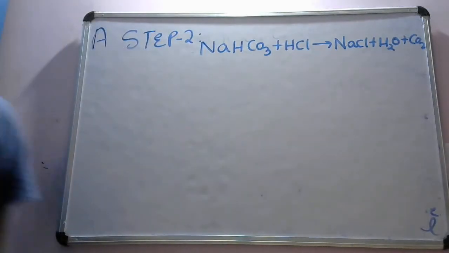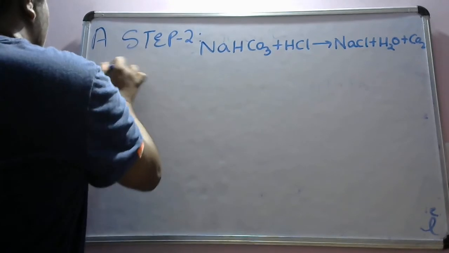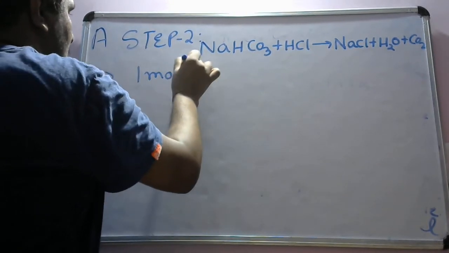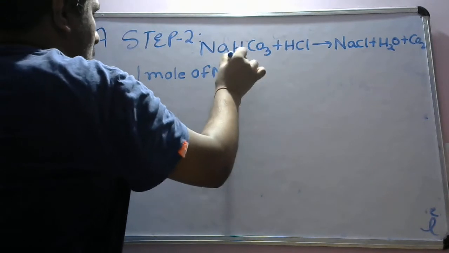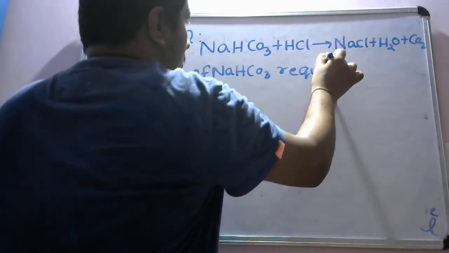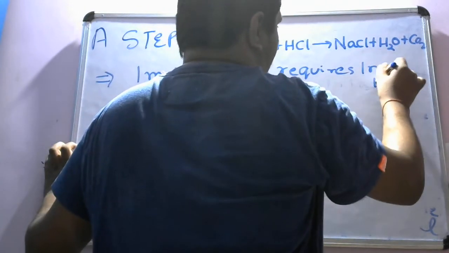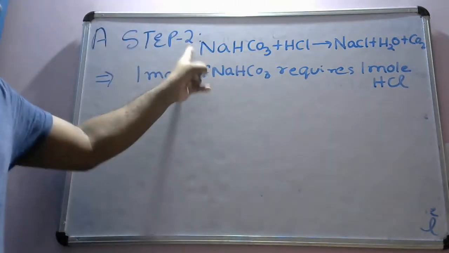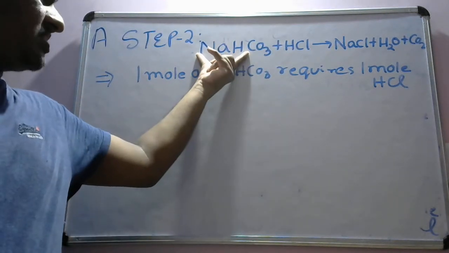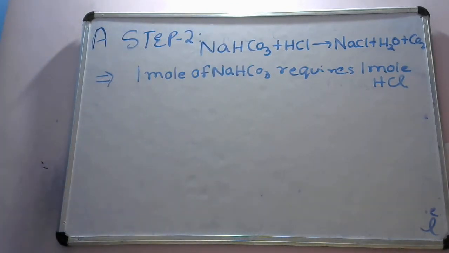It is already balanced. Yes, it is balanced. Now from the reaction, what do we conclude? 1 mole of NaHCO3 requires 1 mole HCl, because the coefficient is same for NaHCO3 and HCl. So 1 mole of NaHCO3 requires 1 mole of HCl to react.